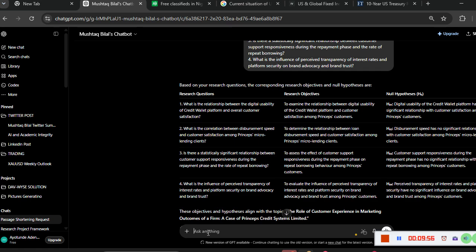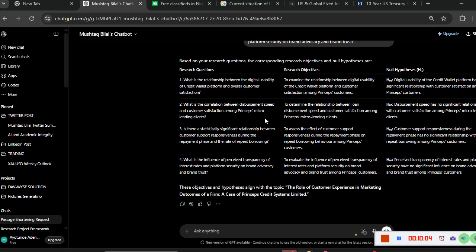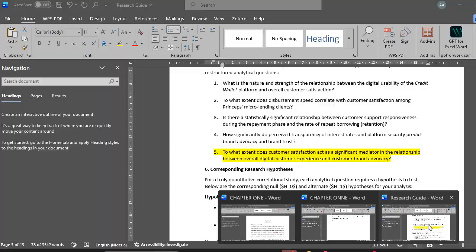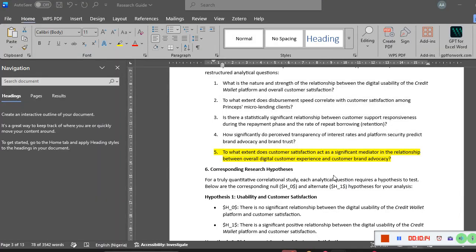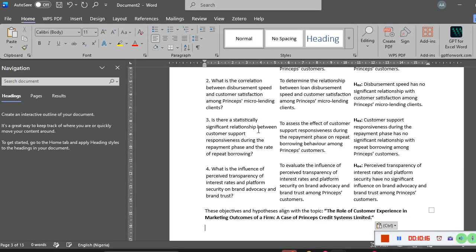Okay, so here is the research question, objective, and our hypothesis. Let me copy this. Let me first of all take it right here to edit.